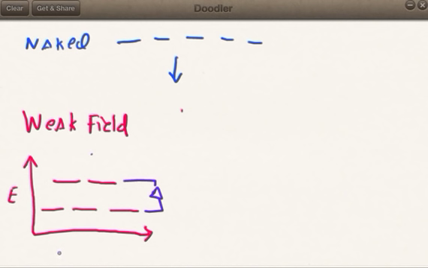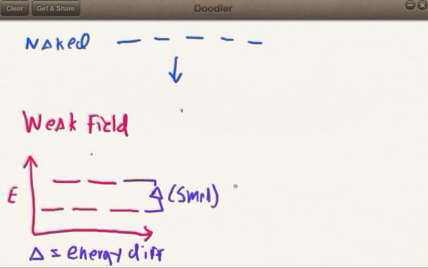That is often what you will see used. Delta is just the energy difference between the high and the low. And in a weak field, the delta is small, okay, there is a small difference in energy between the splitting. There's a very small splitting, okay.